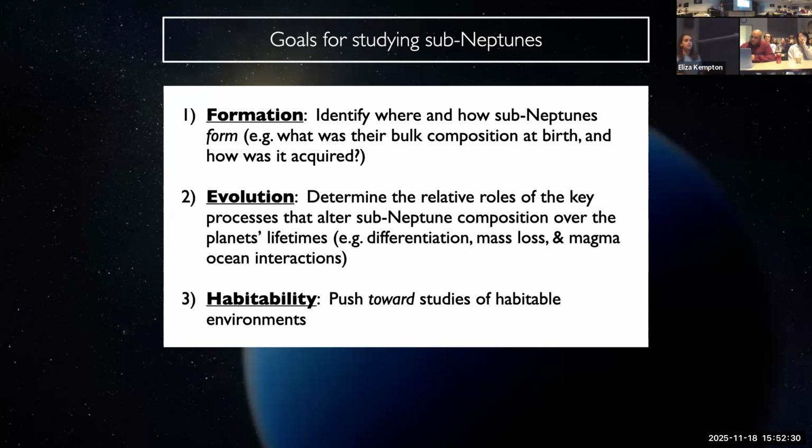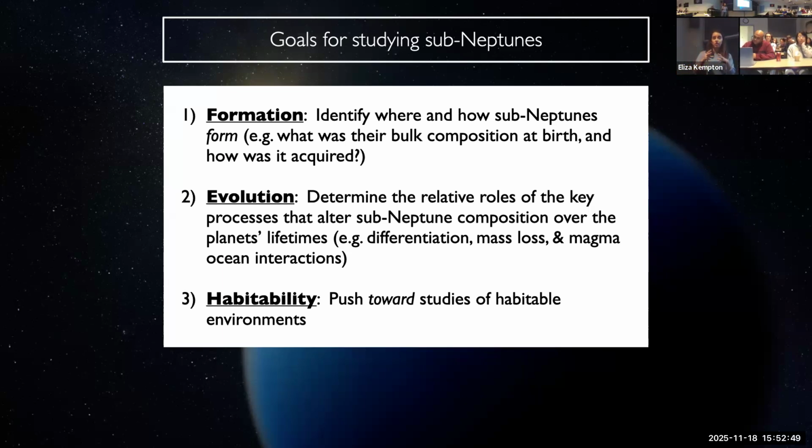And then habitability, a key goal of the exoplanet field is to push towards the study of habitable environments, eventually find life or signs of life on an exoplanet. Sub-Neptunes are very useful stepping stones towards that goal.